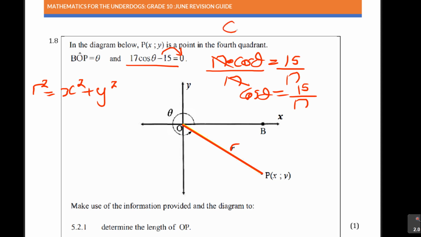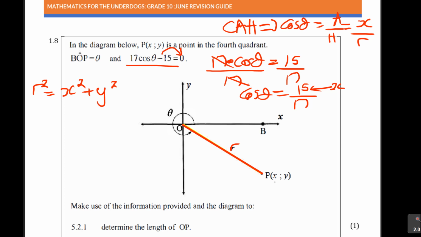Now, something interesting. You know what is cos? Cos comes from CAH, and we said CAH means what? Cos theta is equal to adjacent over hypotenuse. That's your CAH. And adjacent is what? X. And hypotenuse is what? R. So we do have the value of R. This is your X. X is 15.